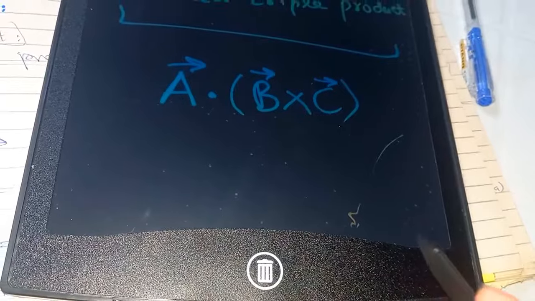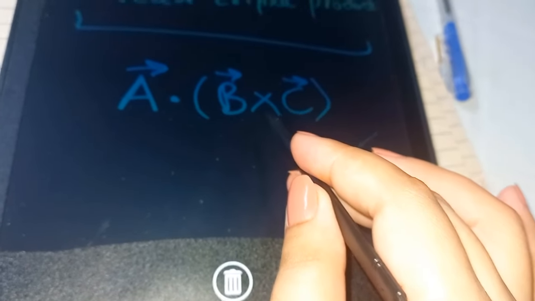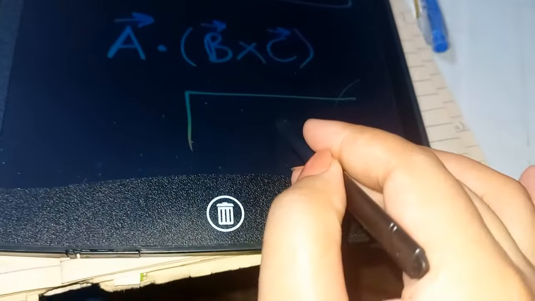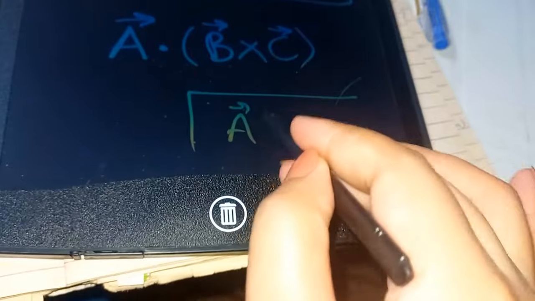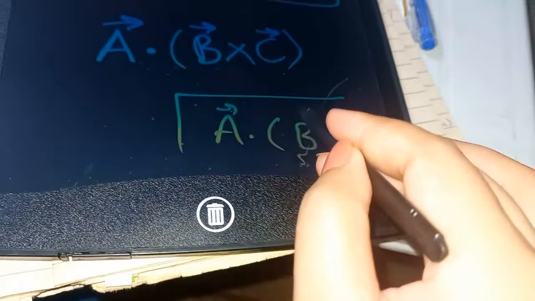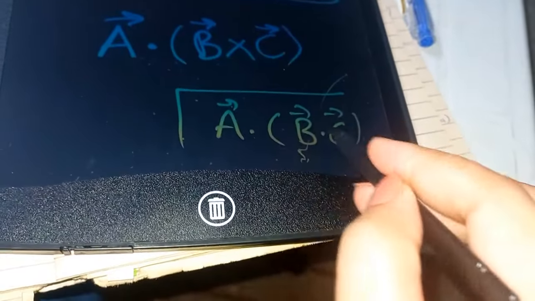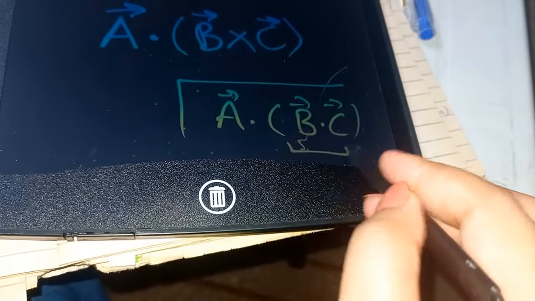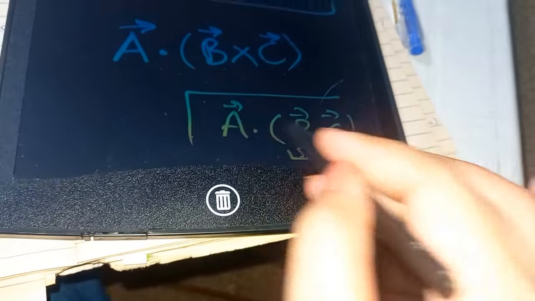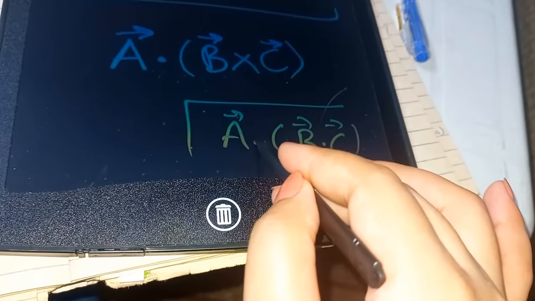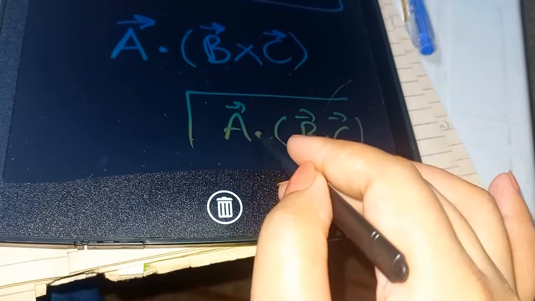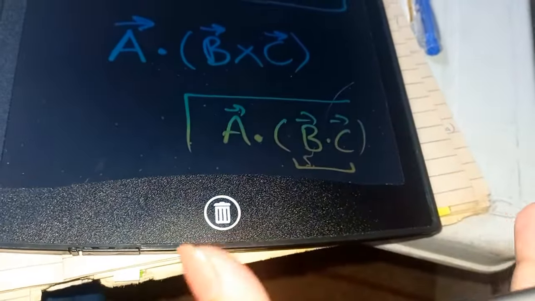You can't put a dot here. There is a reason behind it. If you put a dot here, B dot C, B vector dot C vector, results in a scalar quantity. And the dot is a vector operator that is only applicable between two vectors.